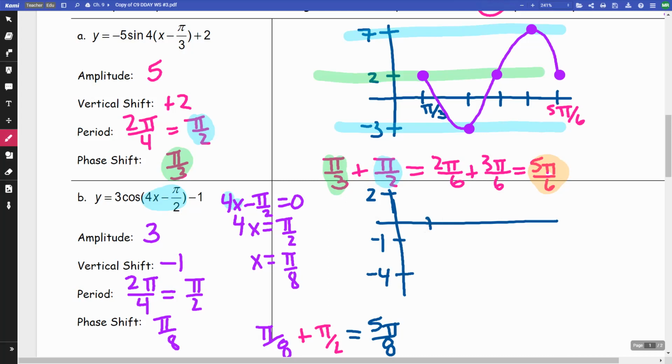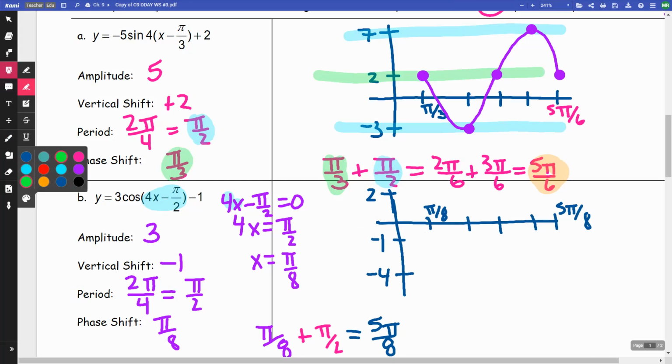And I've got my first mark at pi eighths. 1, 2, 3, 4, 5. And that's going to end at 5 pi eighths. So this is my vertical shift, my high and low.